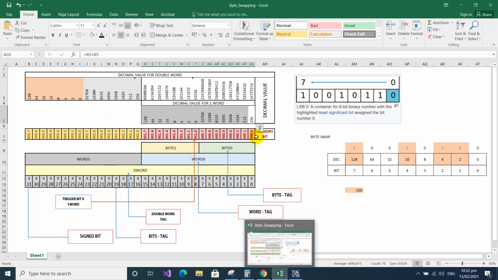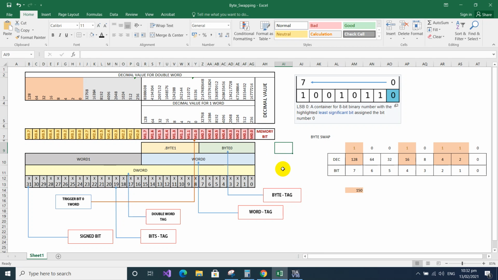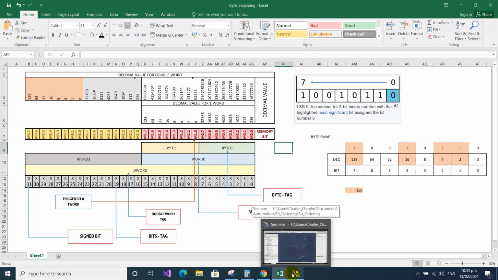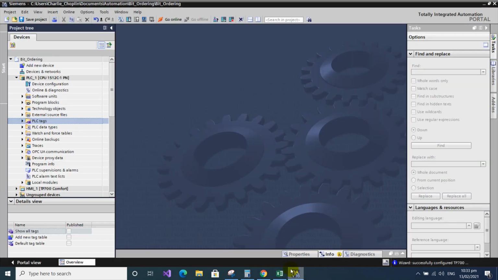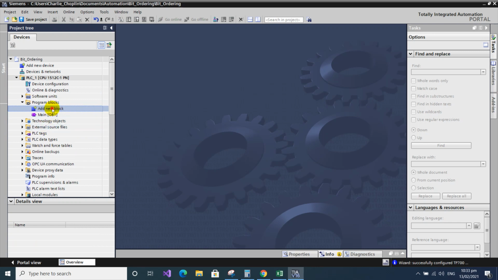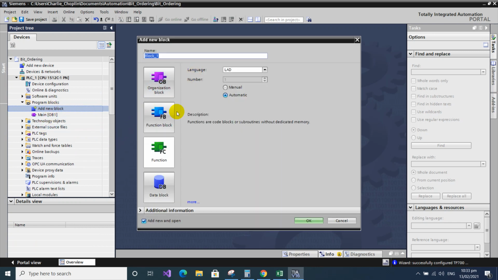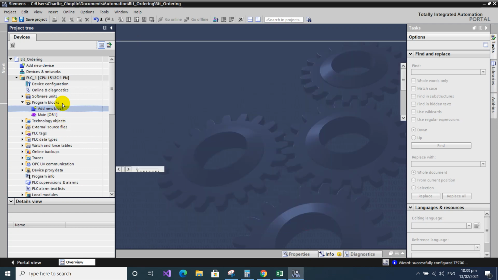Now, let's go back to how the bits are ordered, or how you call a bit in a word. So I have here TIA version 16. If you don't know, this is the newest version of Siemens. Okay, I will just create one function here, one block.